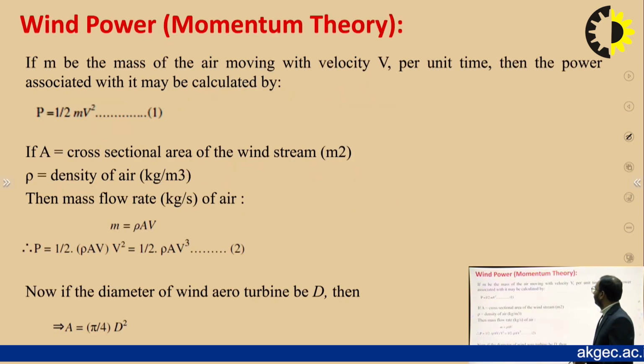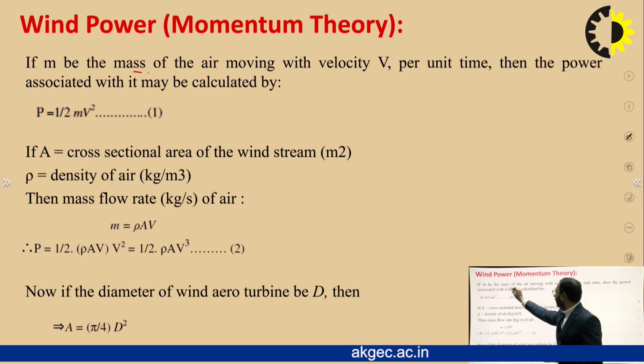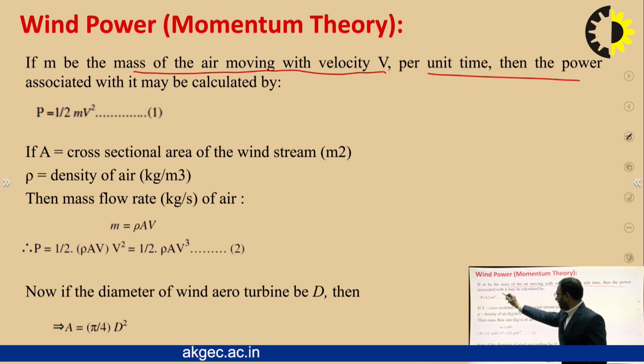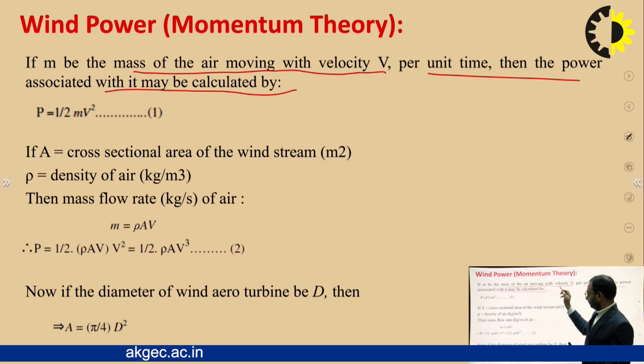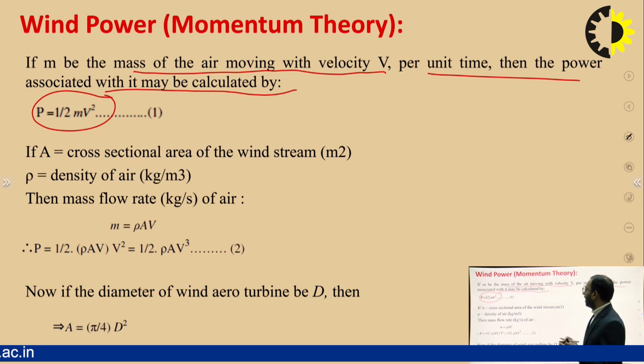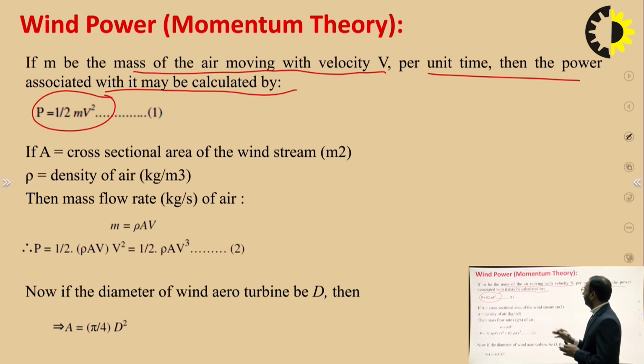Then what is the momentum theory behind wind power? If we consider m as the mass of air moving with velocity V, then the power associated with it is calculated by P equal to half m V square, where m is the mass of air and V is the velocity of the wind.